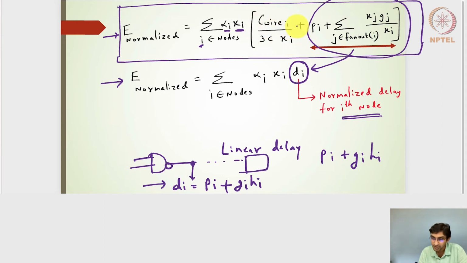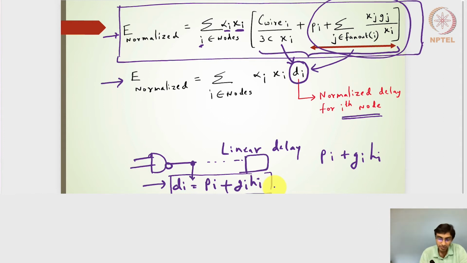But the question is, where is the C wire i divided by 3C into xi going? This di actually accommodates the wire capacitance also, or the delay due to it. Leaving aside the wire capacitances, the question is whether pi plus summation xj gj divided by xi validates our linear delay model, di equal to pi plus gi hi.